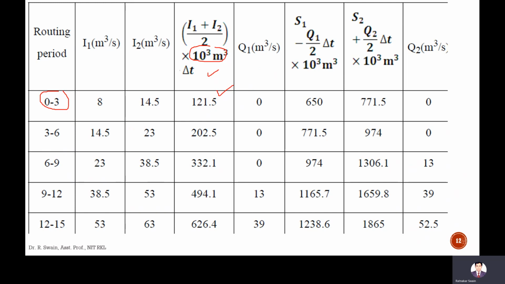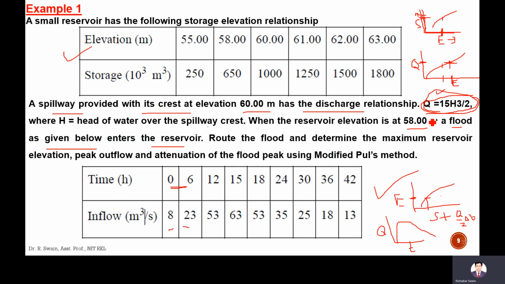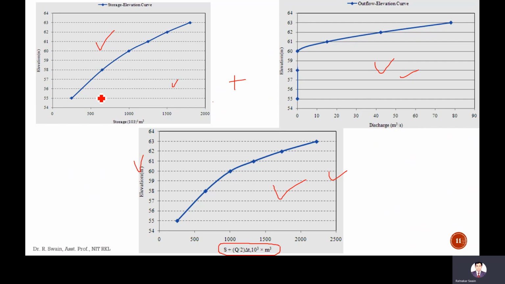Next, the initial value. How to get the initial value? At this 58 meter level the inflow is entering, meaning this inflow hydrograph is entering into the reservoir. So at this elevation 58, the S is obtained from this curve.